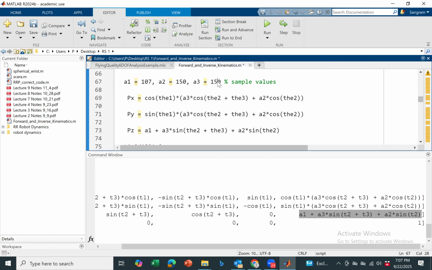Now, ideally, the forward kinematic solution that you are calculating from this MATLAB script should be the same as the forward kinematic solution that comes from the DoBot interface, provided the coordinate systems are aligned. You agree with me?